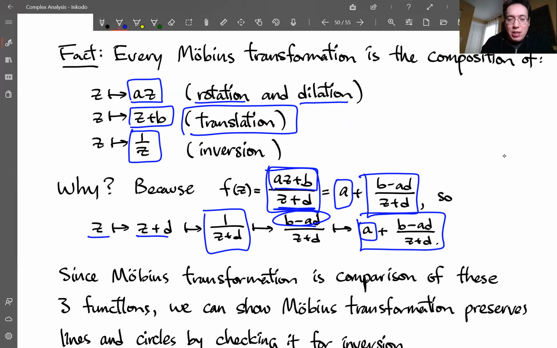So translate, invert, dilation and rotation, with a translation at the end again, and this is equivalent to the original AZ plus B over Z plus D. So if you geometrically understand those three things, you technically understand all of Mobius transformation.